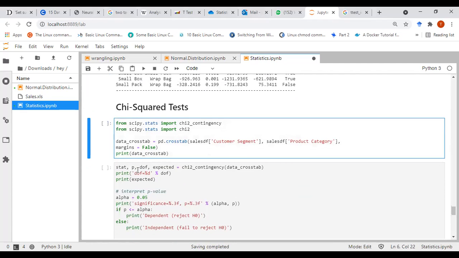Okay, who is going to tell me the alternate and null for this? Who is going to make a try?